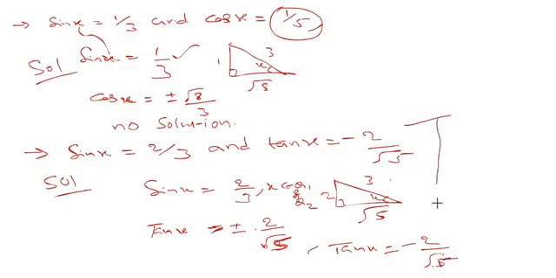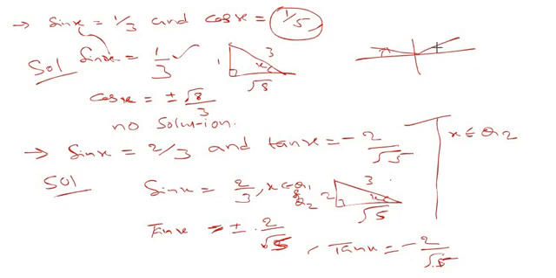Then how to take the general solution? That is the most important one. Here you can see tan x is negative, sin x is positive, which means definitely x should be in quadrant 2. So whenever sin 30 is 1 by 2, sin 150 is also 1 by 2. So we need the angle which is in the second quadrant.